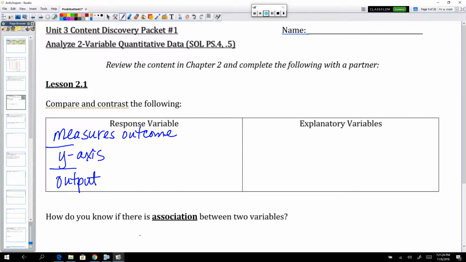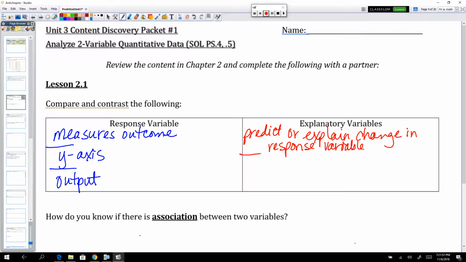On the contrary, explanatory variables are the variables that predict or explain the change in the response variable. That's on the x-axis, and that's of course input. So those are the differences. Make sure that you understand as you read a scenario which one of these is my response variable and which one of these is causing the response variable, or the explanatory variable.